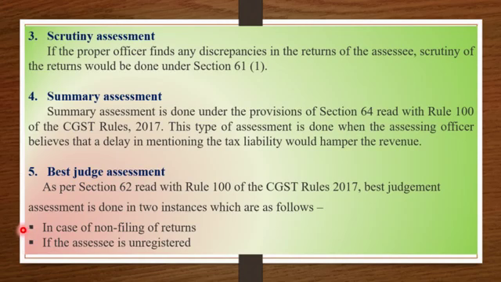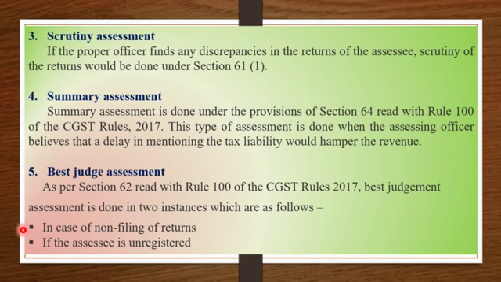Students, if the assessee does not furnish his returns under section 39 or section 45, a notice as per the provisions of section 46 would be issued by the proper officer. This notice would direct the assessee to furnish his return within 15 days. If the assessee fails to furnish his returns within this period, the proper officer would calculate the tax liability of the assessee himself.